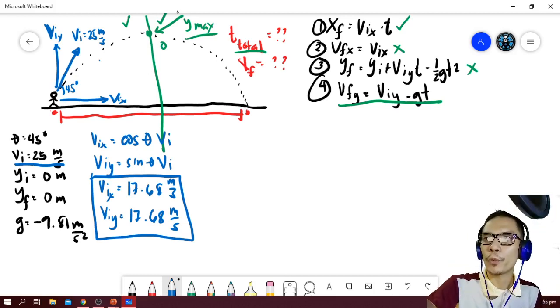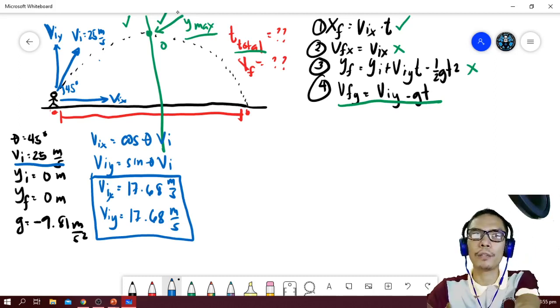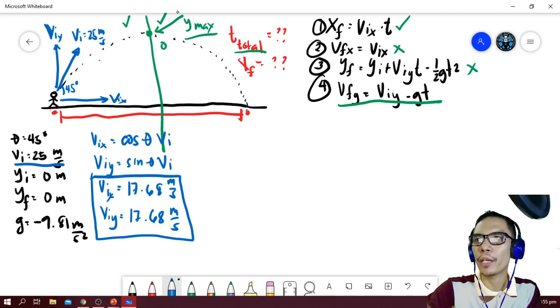Next, since we cannot compute for the range without the total time, this is the total time that we need. So we will compute first the time at midpoint. How to compute for that one?